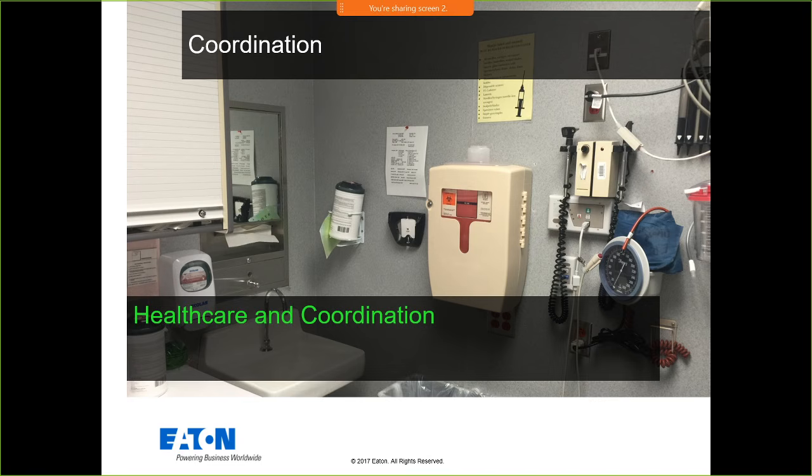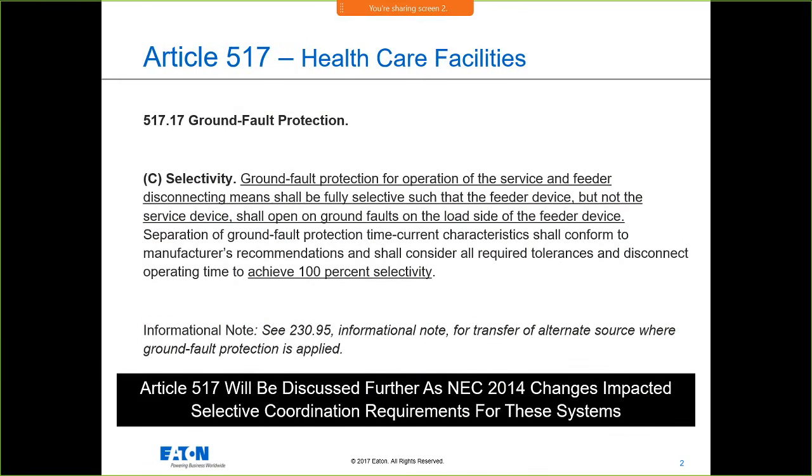So, coordination in a healthcare environment. In 517.17, the ground fault, which we talked about earlier, has been in there for a very long time, and has to selectively coordinate, has to achieve 100% selectivity. That's on the ground fault side of the business.